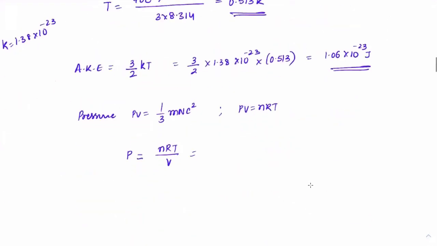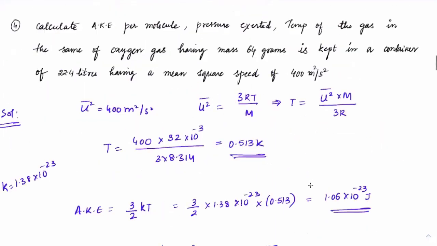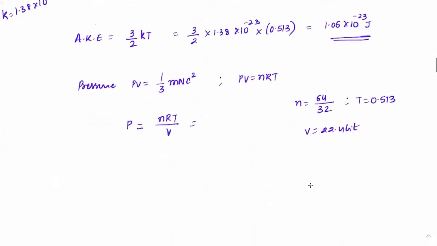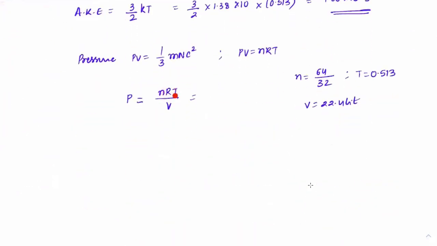So the number of moles of the gas will be 64 divided by 32. Right. Temperature we just calculated as 0.513. Volume is given 22.4 liters. Here, check this. I want the pressure in atm units. Then what should be the R taken?